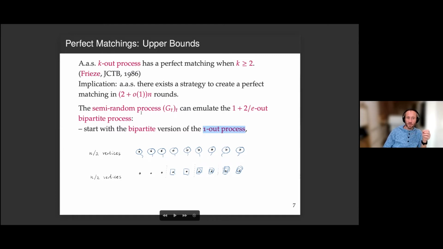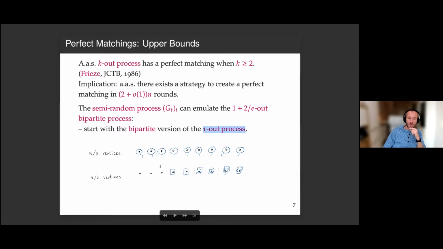Now, what does this 1 plus 2e out process do? Well, the process stops at that point. And what is the situation? So it's only half of my picture, for an easier read. Every vertex on the top selected one random square at the bottom.